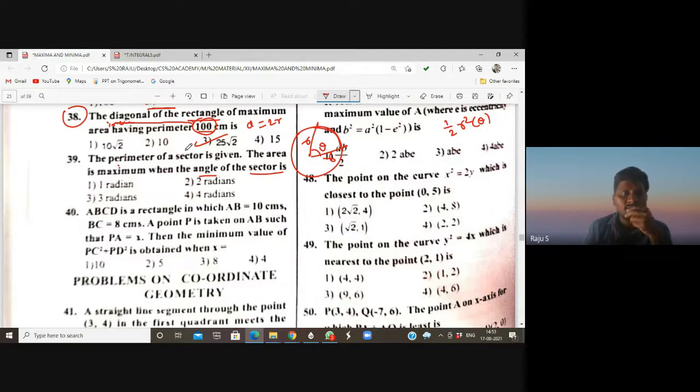To get the theta value, they have given one condition, the perimeter.